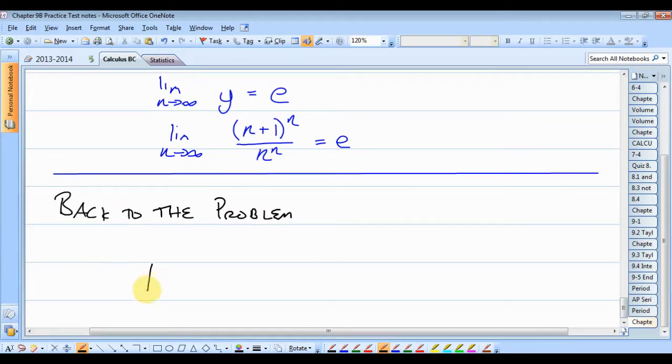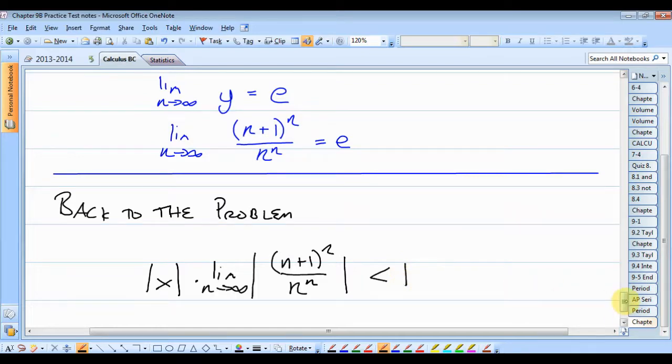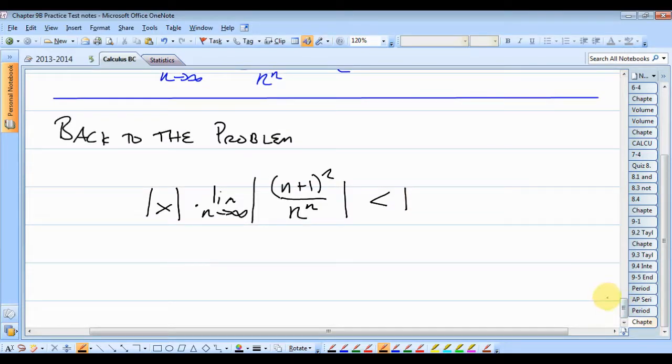When we left off, we had the absolute value of x times the limit as n approaches infinity of n plus 1 to the n over n to the n. Force that to be less than 1, right? Now we know this limit is e.